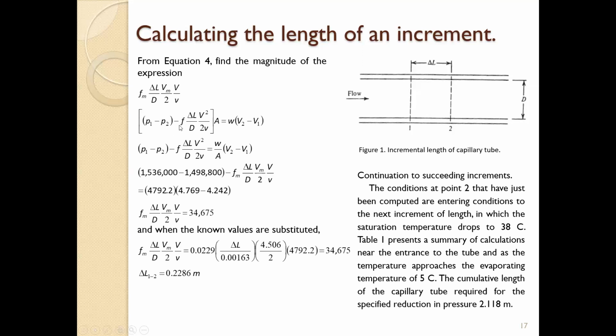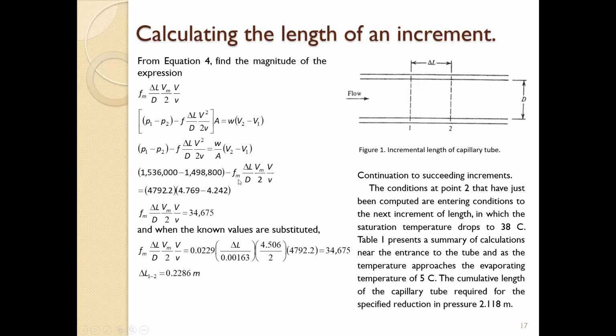So P1 minus P2 minus fm delta L over D times vm over 2 times v over v is equal to W times v2 minus v1. The area has already been divided out here.